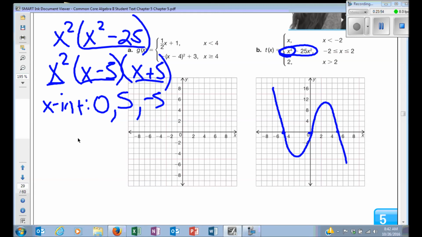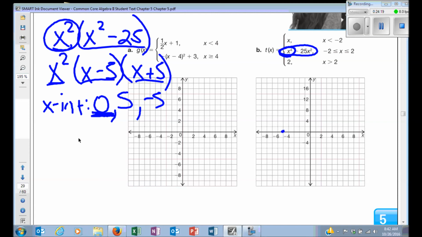Because I look back, and what happens with this root? It has a what? A multiplicity of 2. What happens at a multiplicity? This is the root of that. What happens at a multiplicity? It touches and it goes back down. So let's try that.